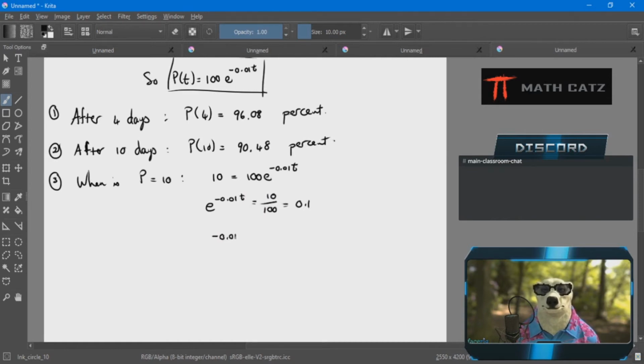So negative 0.01 T is the natural log of 0.1. So T is natural log of 0.1 over negative 0.01.